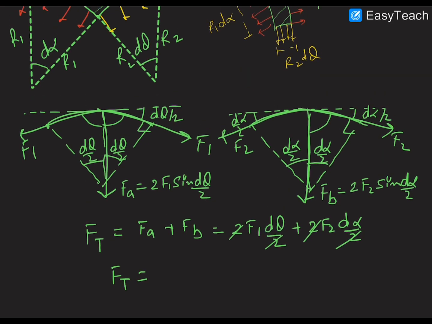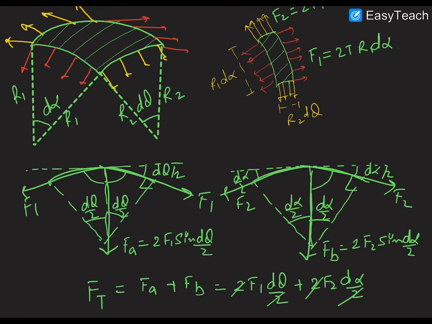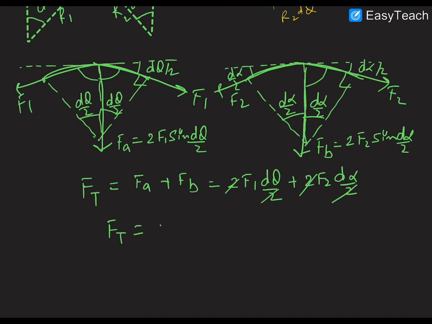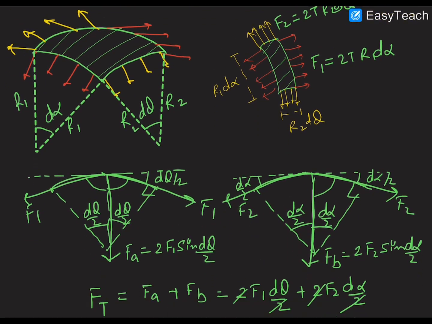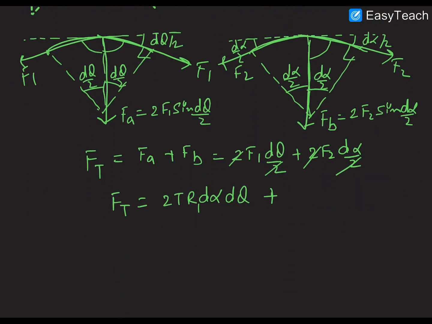Now the value of F1 is 2T R1 d alpha, and the value of F2 is 2T R2 d theta.